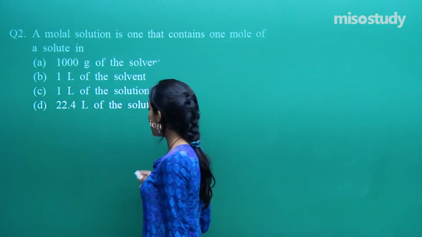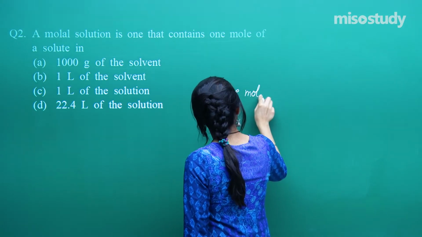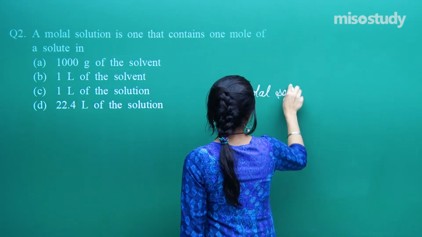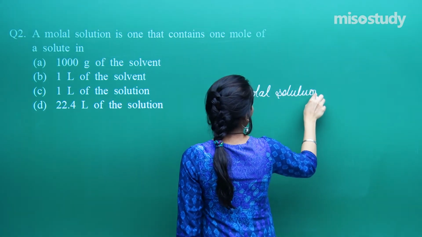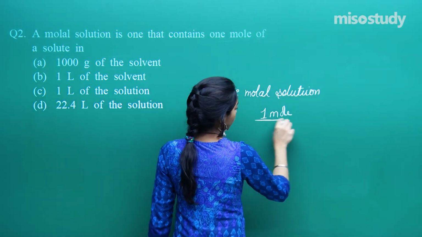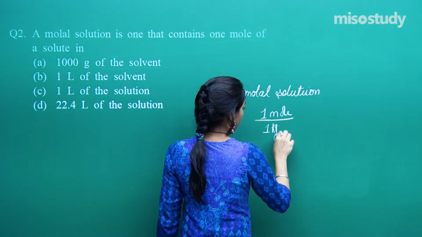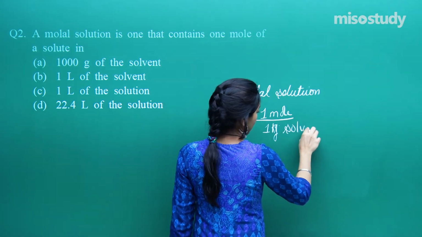So he is just asking you to define what is 1 molar solution. You know, right, 1 molar solution is 1 mole of solute dissolved in 1 kg of solvent.